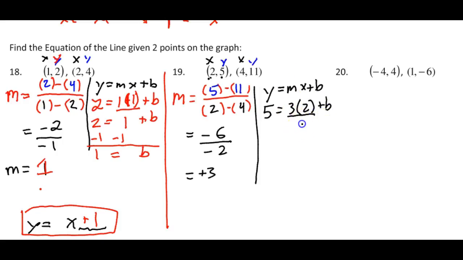Okay, so we have 6 from 2 times 3. And subtract 6 on both sides. Negative 6 plus 5 is negative 1. And write your final equation. Y equals 3x minus 1.